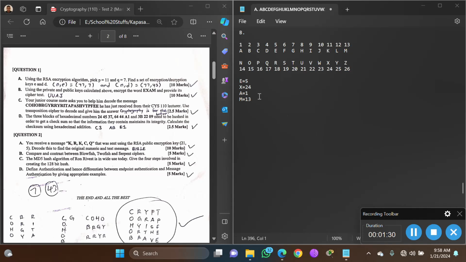From the word exam, as you can see, E corresponds with 5, X corresponds with 24, A corresponds with 1, and M corresponds with 13. Now, using the formula for encrypting, we need the outcome, which is the ciphertext.